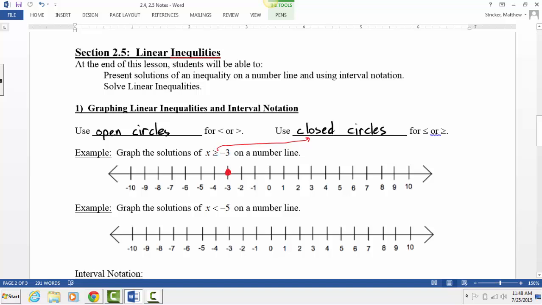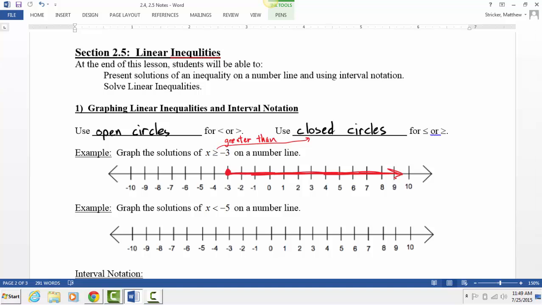And that is greater than -3, which means I'm going to graph every number in the direction of the numbers that are bigger than -3, which would be the numbers to the right.